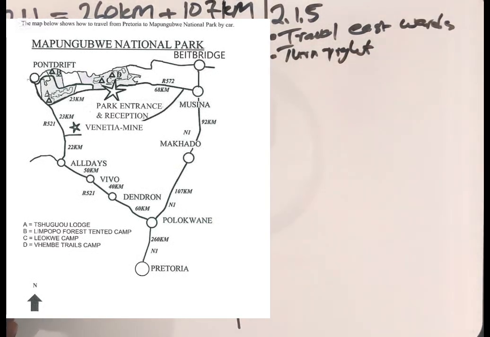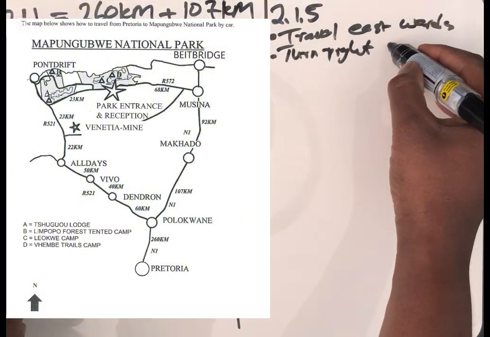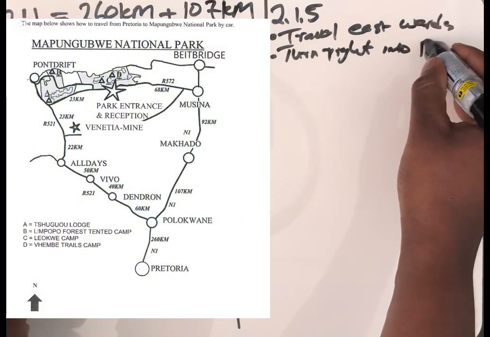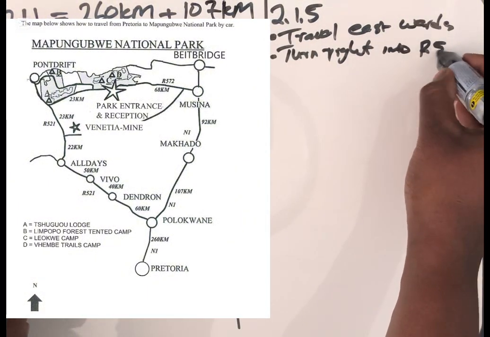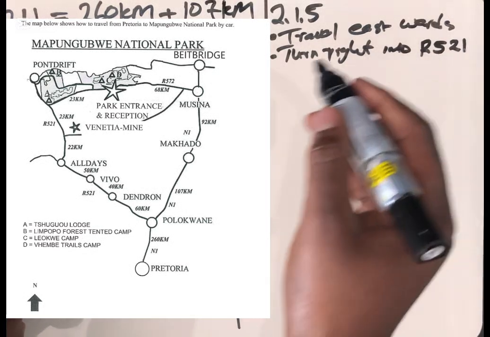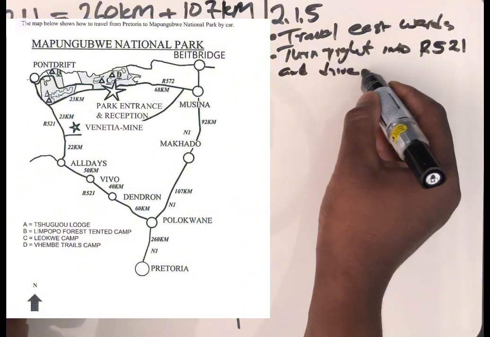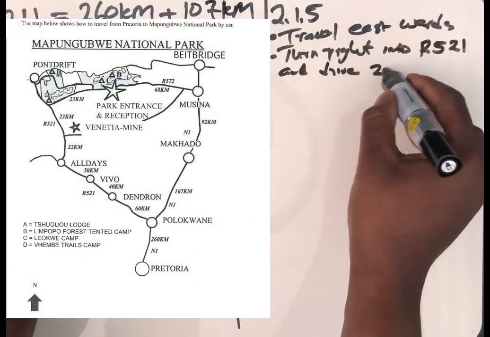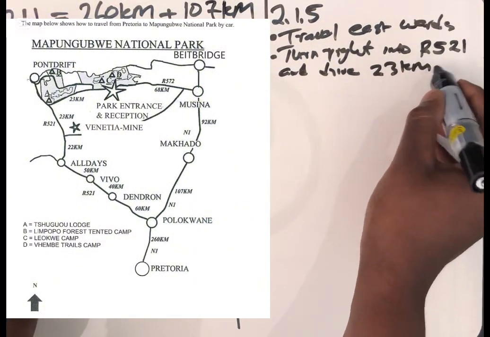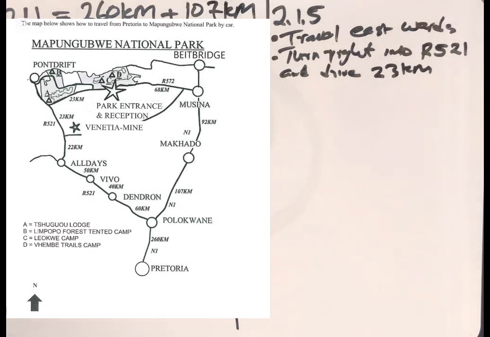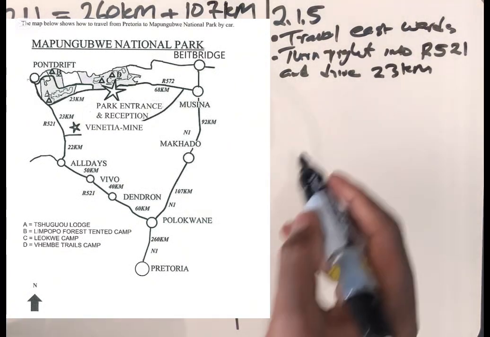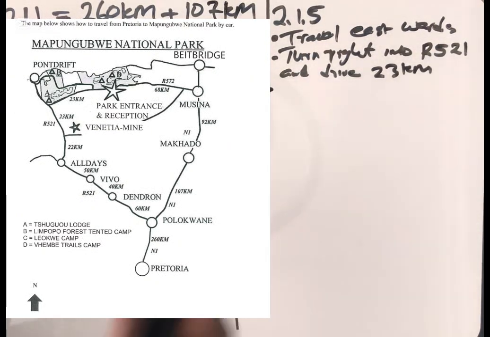Where do we turn? We must be specific. Turn right into R521 and drive 23 kilometers. I'm being specific about each and every little detail so that a person does not get lost.